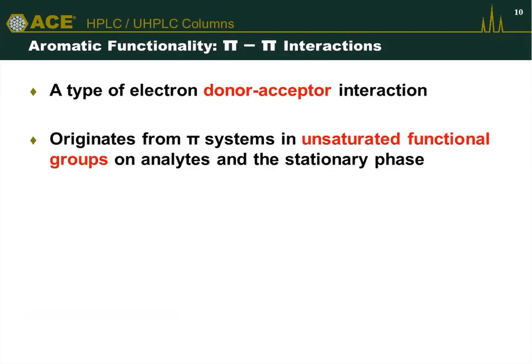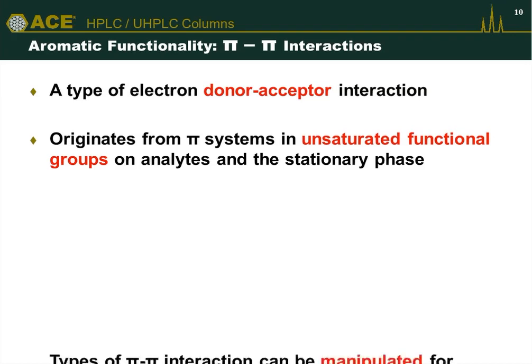So why are these aromatic functional groups so interesting? Well, predominantly one of the main mechanisms on these ring systems are pi-pi interactions. And these pi-pi interactions are special and they're unique to these ring-type systems. These are a type of electron donor and acceptor interaction that originates in the pi systems in the unsaturated areas on the analytes and the stationary phase.